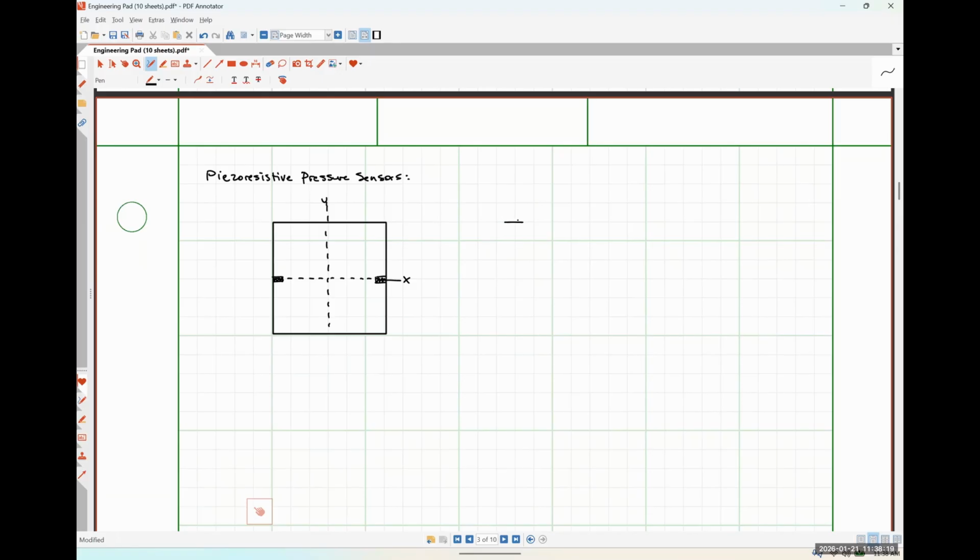Okay? And for our measurement circuitry, we might choose to do something like this. So here's our DC bias voltage.